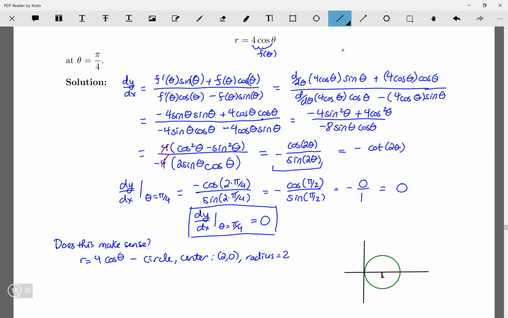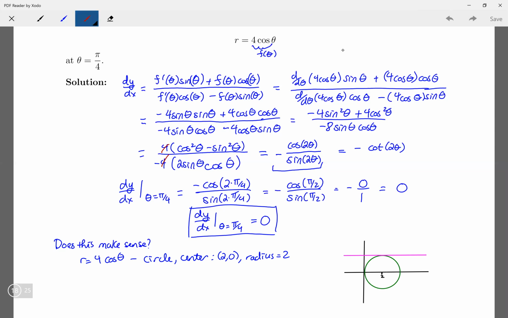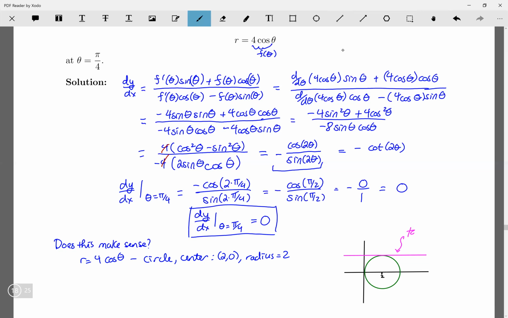So if I were to draw the tangent, it would be, that's not very tangent, I know, but it will be when I move it down. That's the tangent at theta equals pi over 4, so we can see that the slope is in fact 0.